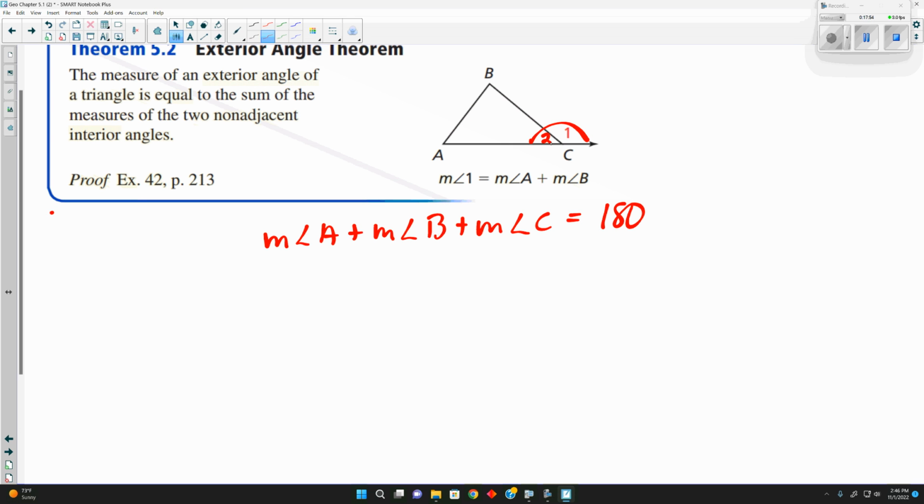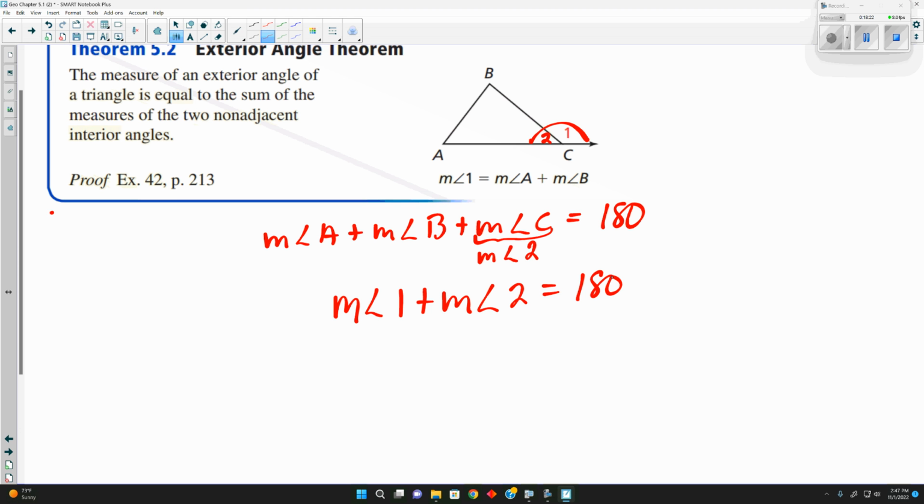I'm going to call this angle 2. So here we're really talking about measure of angle C is really the measure of angle 2, yes? Because it's the inside. Now, that straight line, we can say that the measure of angle 1 plus the measure of angle 2 is 180.